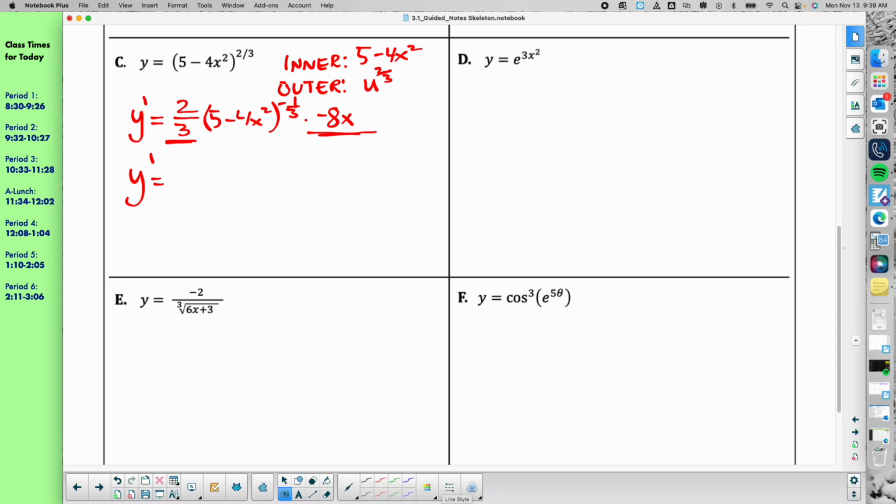So I can't multiply the 2/3 towards anything in there. The only thing I can combine it with is the negative 8x out there. So this would become negative 16/3 x times 5 minus 4x squared to the negative 1/3. This is free response, leave it there.